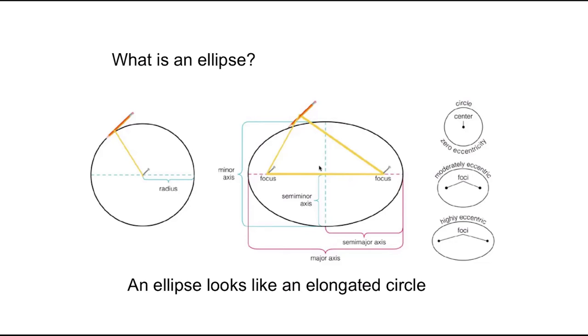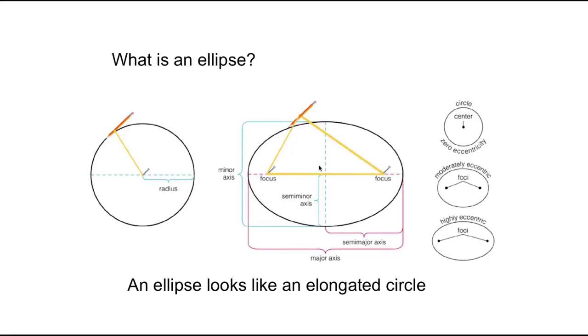This ensures that the sum of the distances between this point, which is one of the focus points, and any point on the ellipse, and the other focus point, the sum of those two lines is always the same for any point on the ellipse. Because this distance never changes, it must be the case that if it's a single string that isn't being stretched, this distance plus this distance is always the same.